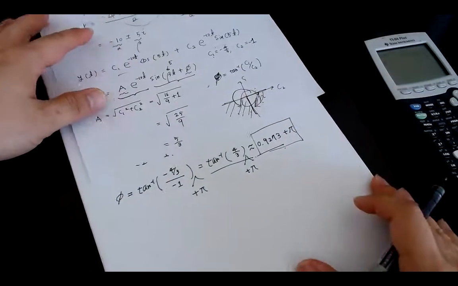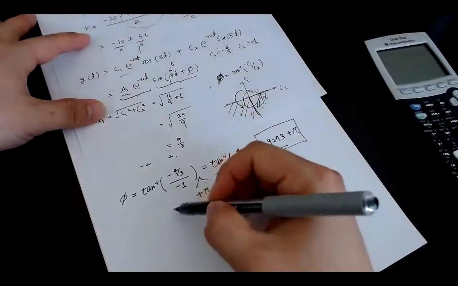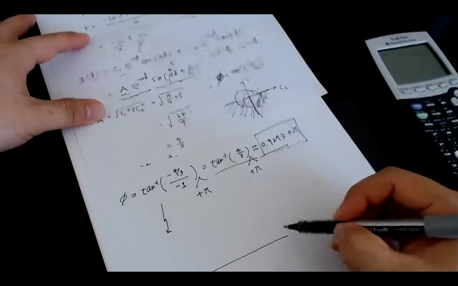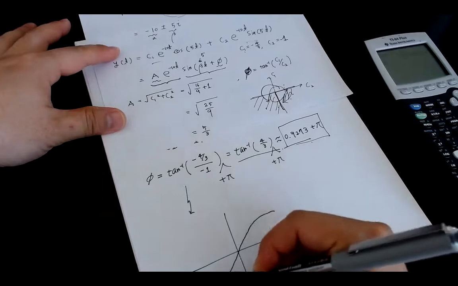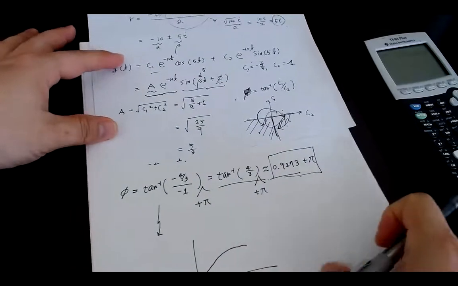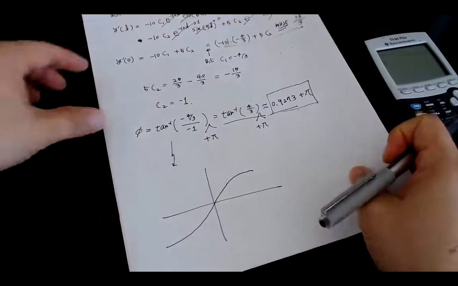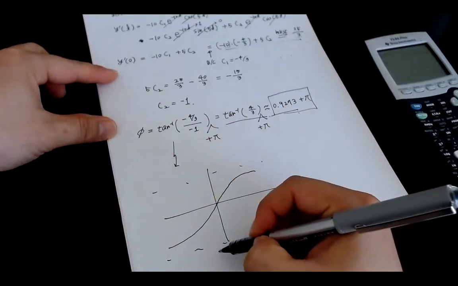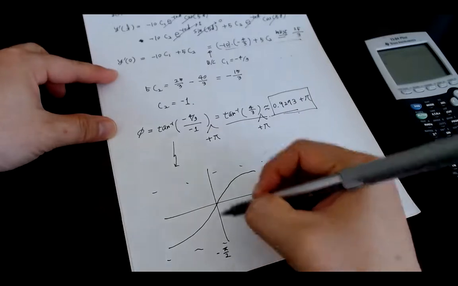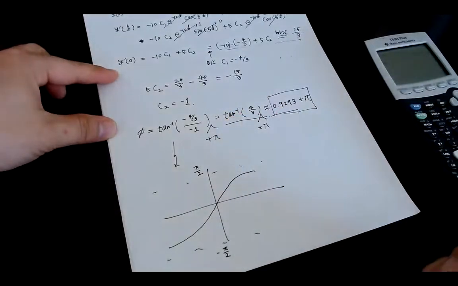Now, what's the graph of arctangent? The graph of arctangent is like this, and between negative pi over 2 and pi over 2 is the range of the arctangent.